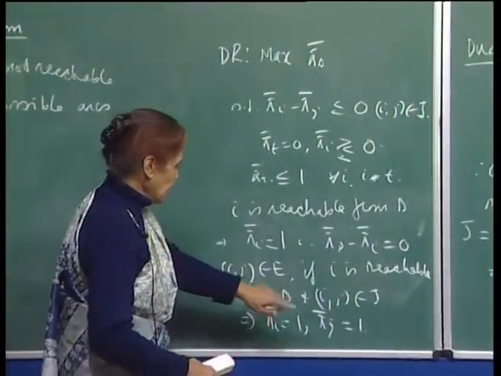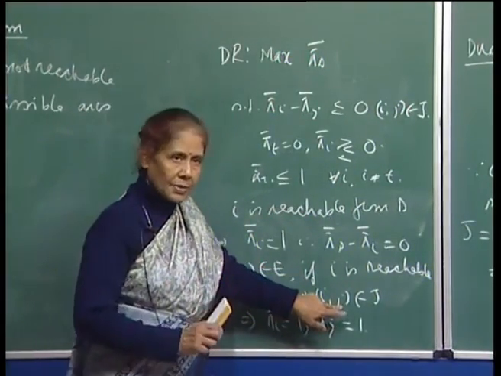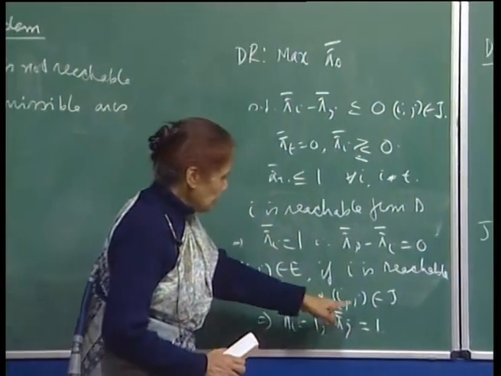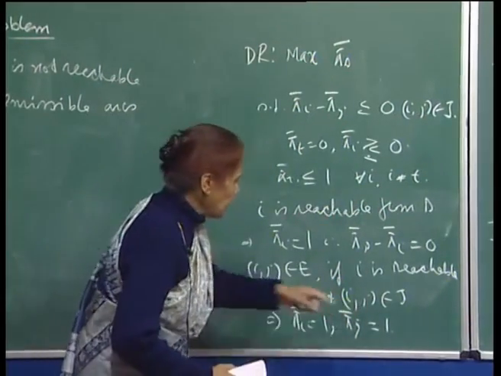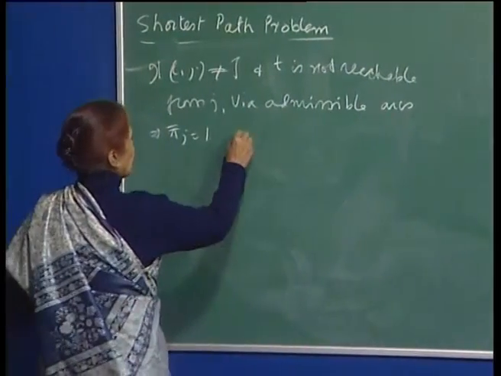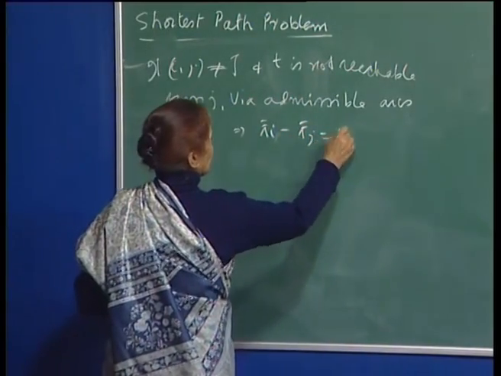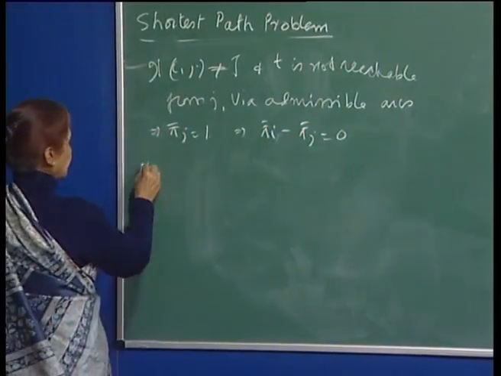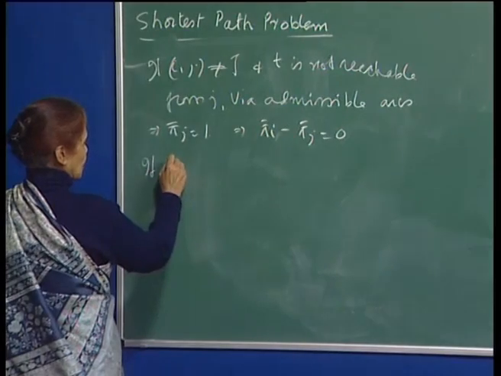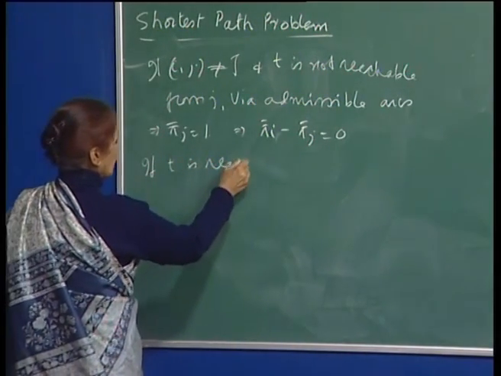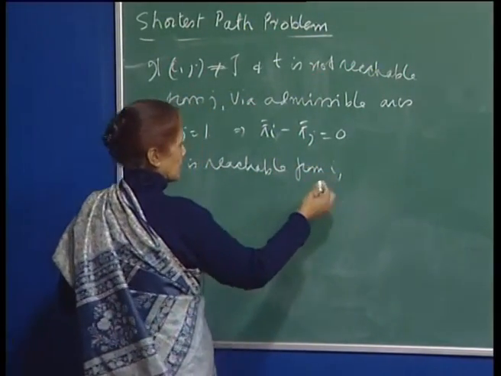So, you have that I is reachable from S. So, pi bar I is 1, but I j is not an admissible arc, and also from j you cannot reach T via admissible arcs. So, by our construction again pi bar j is 1, right. So, this again implies that pi bar I minus pi bar j is 0. Now, the final thing is that for the arc I j, if T is reachable from I, there are two cases.